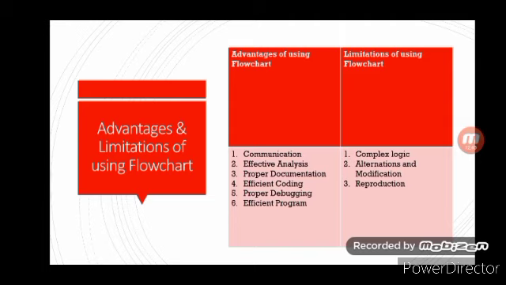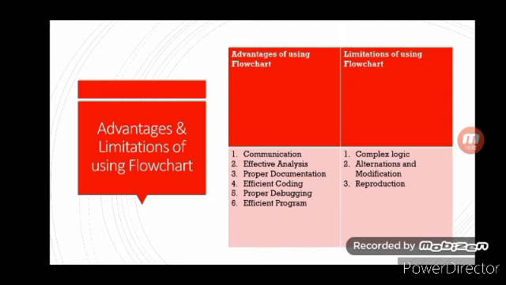The third point is proper documentation, efficient coding, proper debugging, and efficient program. All these are the advantages of flowchart, but there are limitations of using flowchart also. These are complex logic.